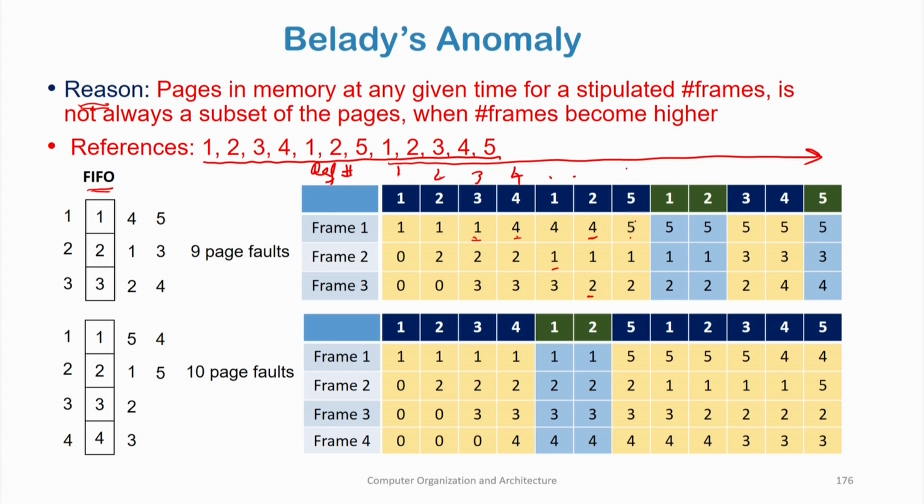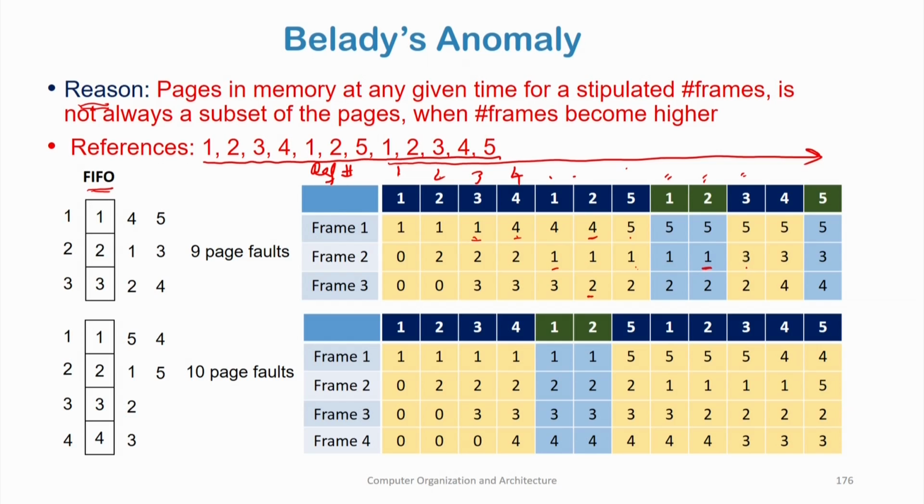So, then what happens? Then 1 comes in and 1 is already there. So, this is green and this is not a miss, this is a hit. Then 2 comes in, 2 is already there in frame number 3. So, this is again a hit. Then 3 comes in, however, 3 has been replaced, and 1 is currently the one which came into memory earliest.